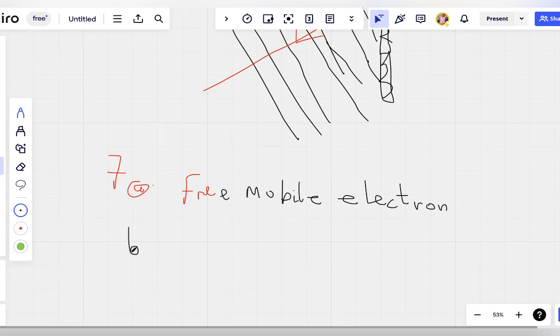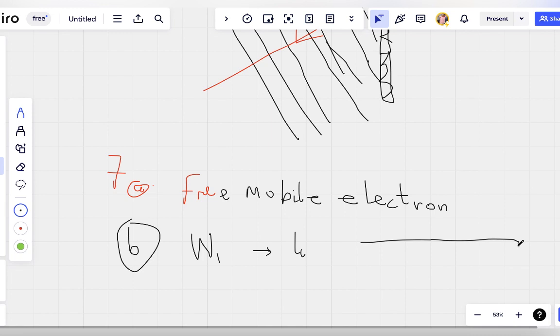Here we are going to work out the resistance of the wire. W1 has a length, and we can assume any certain length for it, so let it be L1.